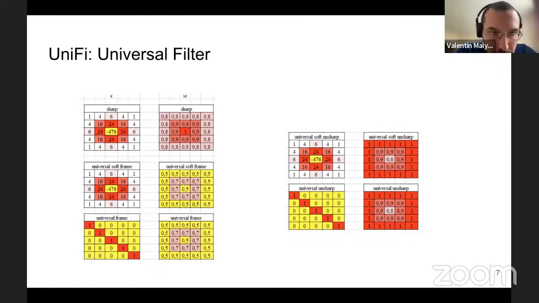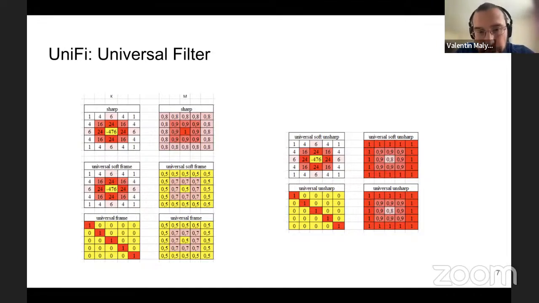There are two matrices, K and M, which are applied as shown on the previous slide. And as you can see by these temperature cards, these matrices are doing some specific tasks.